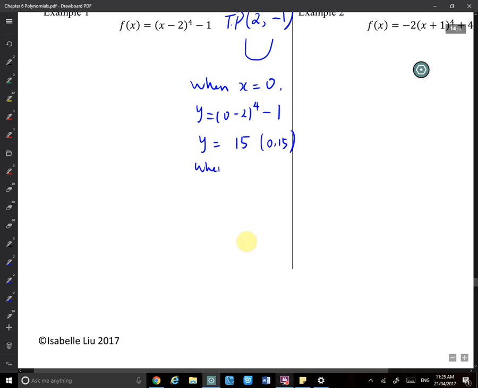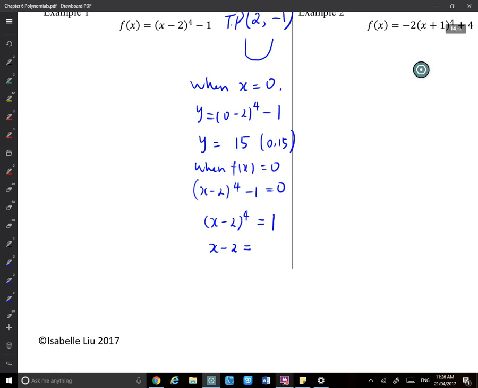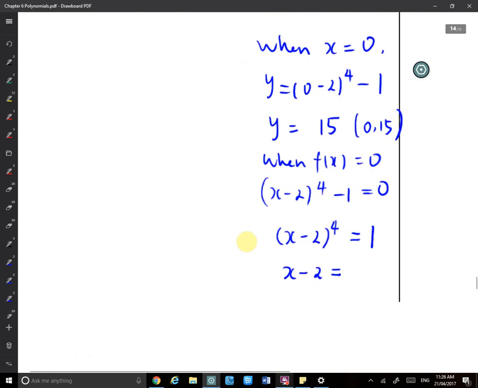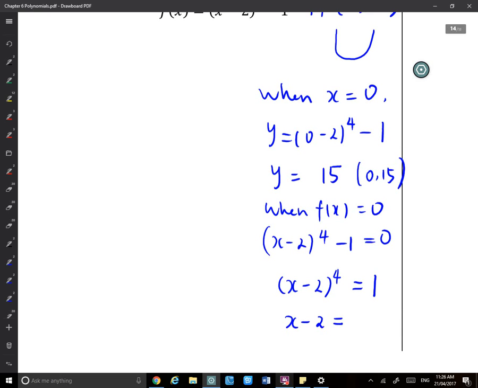Next, when f(x) equals 0, (x - 2) to the power 4 minus 1 equals 0. (x - 2) to the power 4 equals 1. The question is, what does x minus 2 equal? Plus or minus 1, because that's an even power, when you take the root of both sides, you need plus or minus.